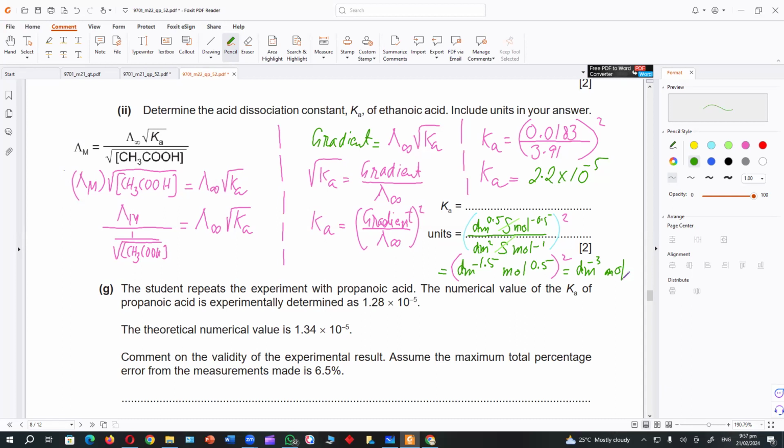So we have shown our working, and we already know that it's an acid dissociation constant, but I have shown all the working, and I can justify that this answer is mole per dm cube.